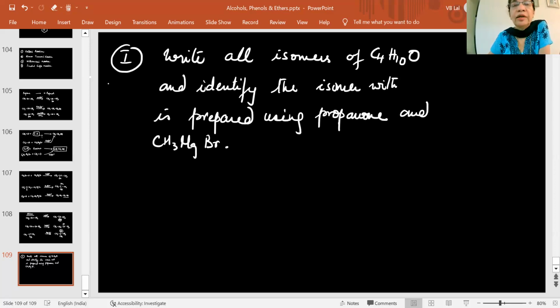Identify means you have to name the isomer. So you have to write all isomers of C4H10O and name the isomer which is prepared from methyl magnesium bromide. Quickly do it in 2 minutes and tell me the answer.